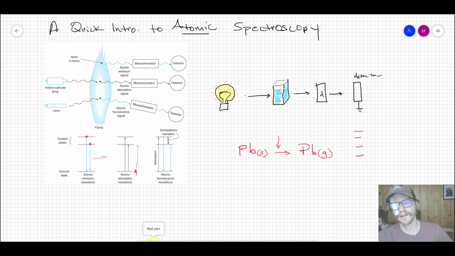And so we put heat into this thing, and so instead of having a normal cuvette, we replace that with a flame. If you were to see this in person, and I'll show you a short video, most atomic absorption spectrometers just have a little furnace in them, and you literally just pump a little bit of your sample into the flame, and what happens is it completely evaporates all the water almost instantaneously.